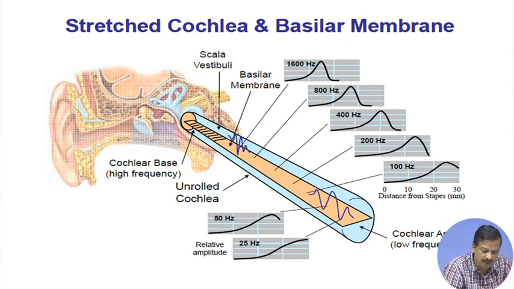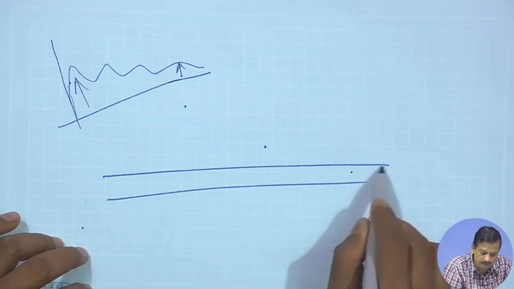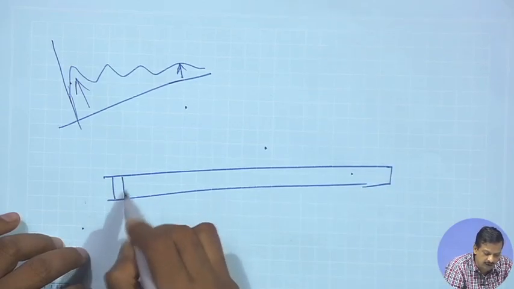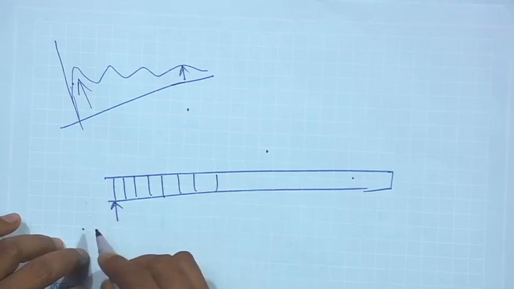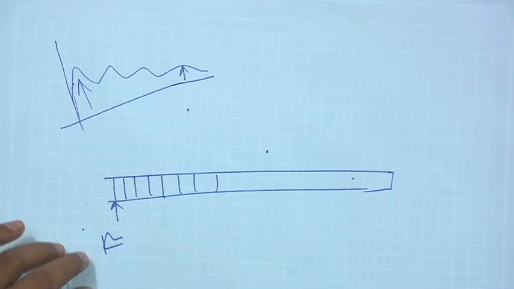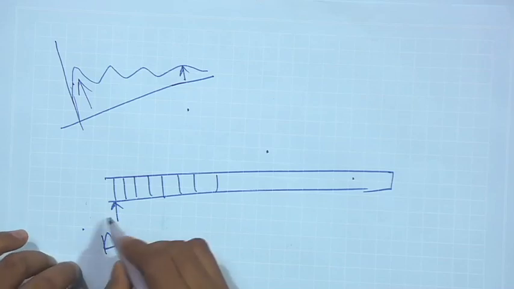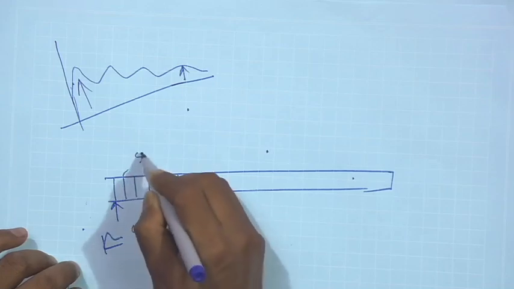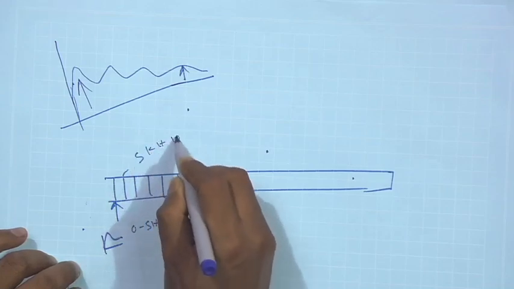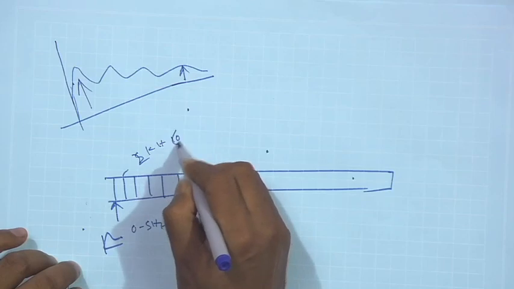So, I can say this is the basilar membrane, divided with these sensors, and each sensor is responsible for a particular frequency band. Let us say this one perceives 0 to 5 hertz, this one 5 hertz to 10 kilohertz, or I can say 2 hertz to 6 hertz.